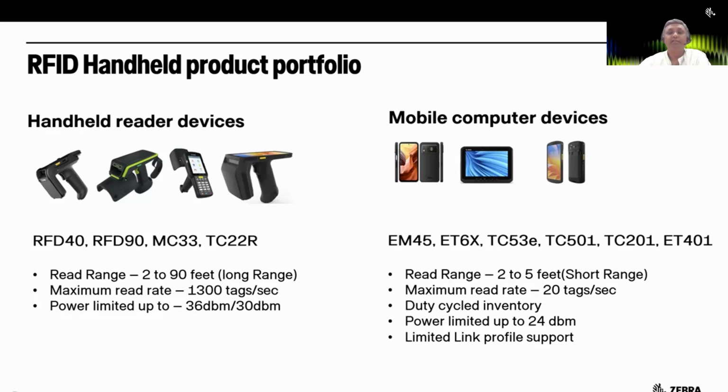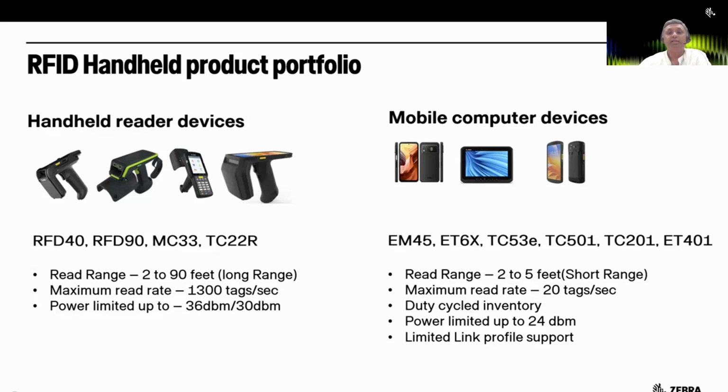Then we have the other class, the mobile computer RFID readers. They offer a read range of 2 to 5 feet, and the maximum read rate you can achieve there is 20 tags per second.